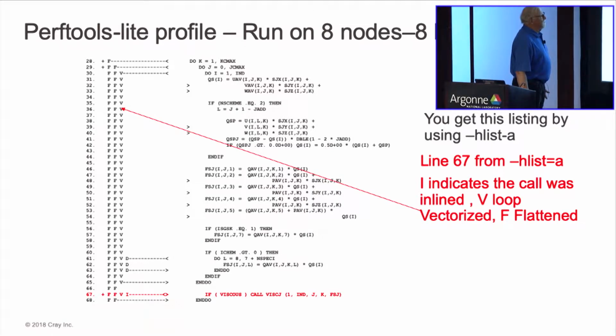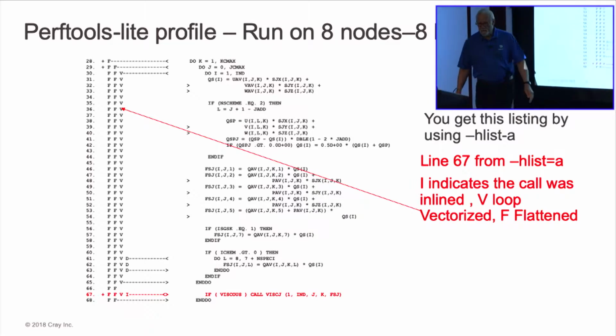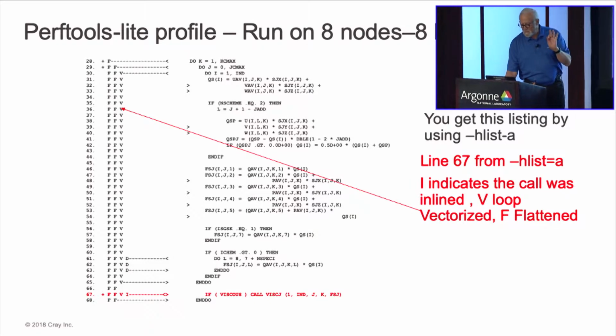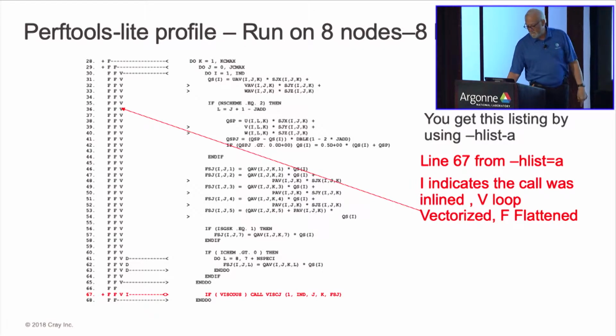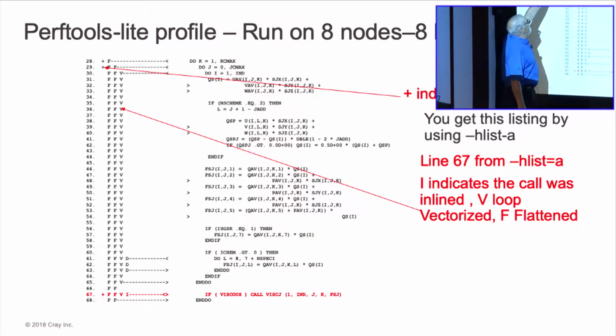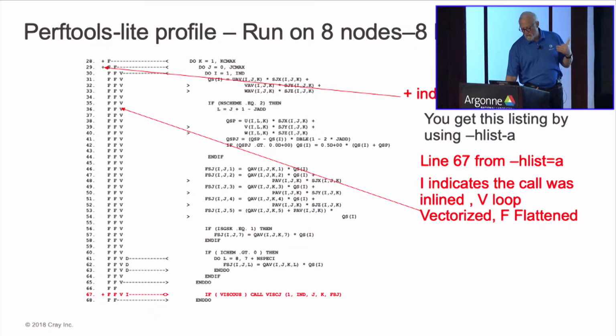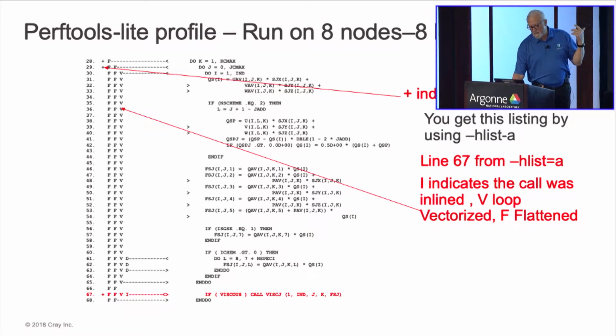The actual line number is right there. Now this comes out in the routine name.lst, your listing file. Whenever you see a plus, it means that additional information is available at the end of this routine.